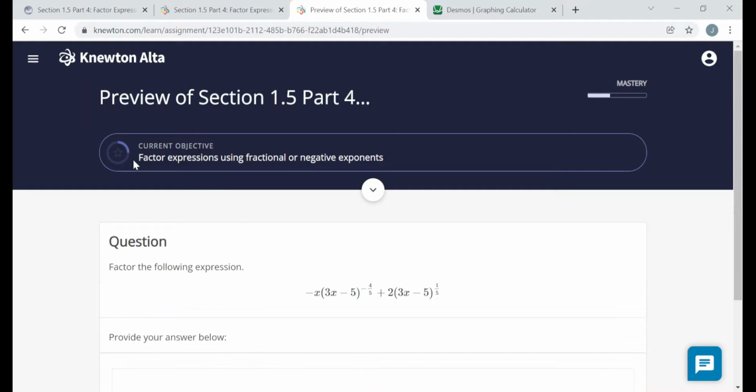All right, so now we're back to that objective, factoring expressions with fractional or negative exponents. So again, let me just write this one out for you.